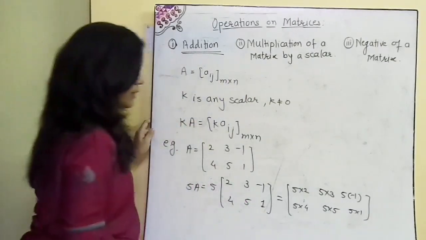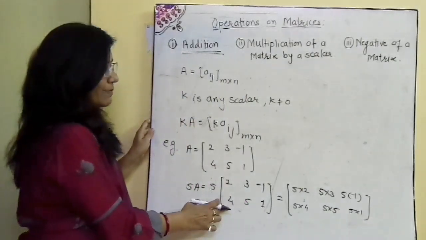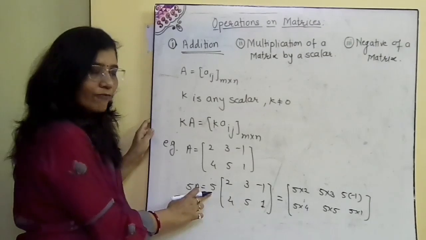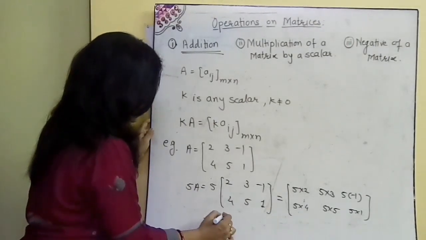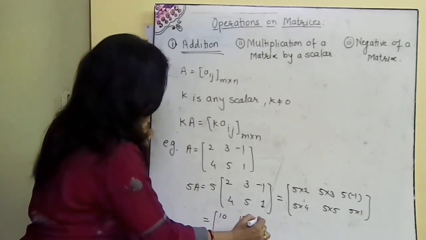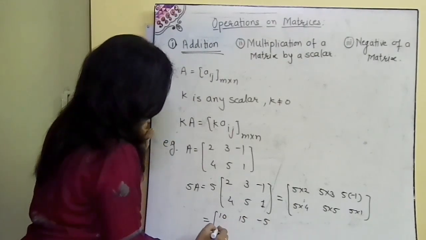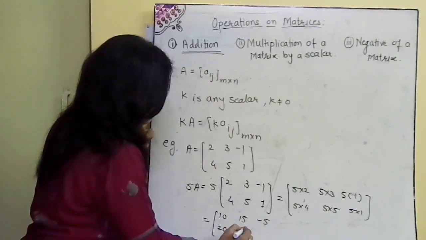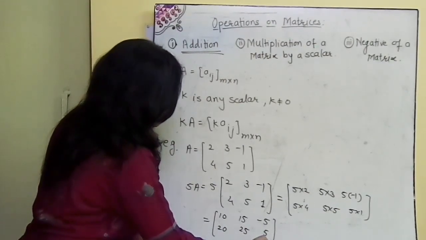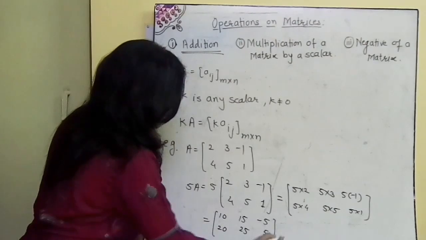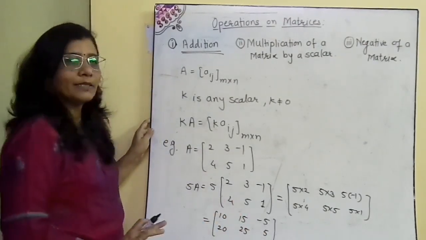Each and every element of this matrix will be multiplied by 5. So it is equal to 10, 15, minus 5, 20, 25, 5. So this is again a 2 by 3 matrix.